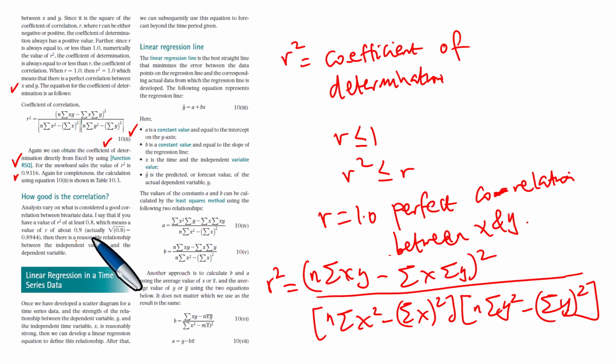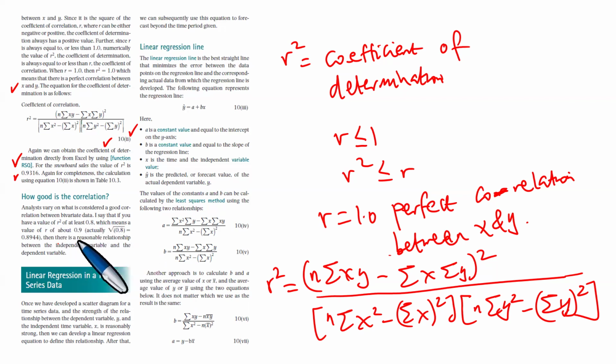The question we're asking is: how good is this correlation? So we take note of a couple of things. Analysts vary on what is considered a good correlation. In other words, analysts take different positions on what a good correlation is between bivariate data.